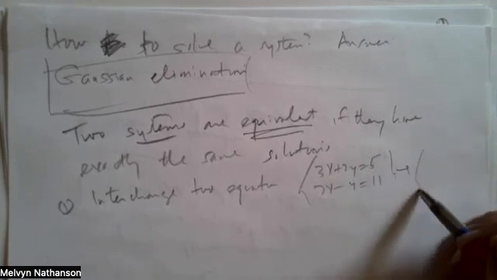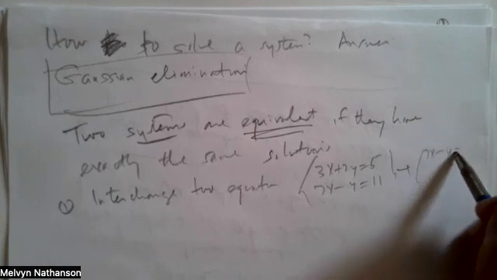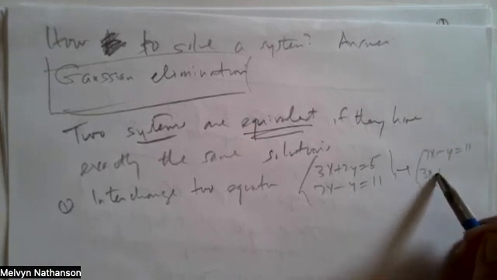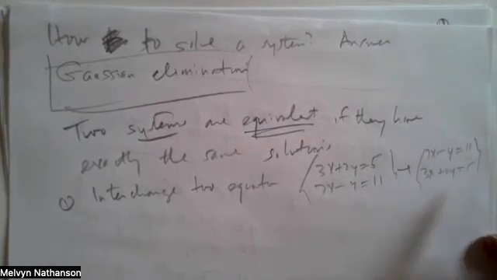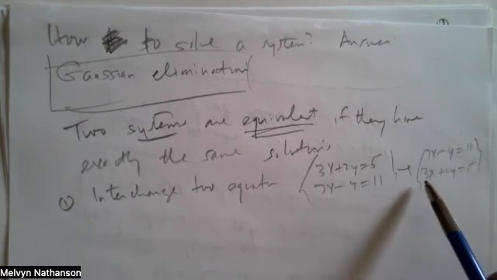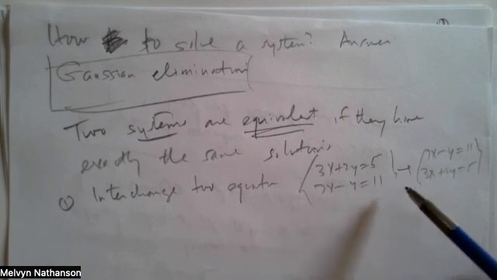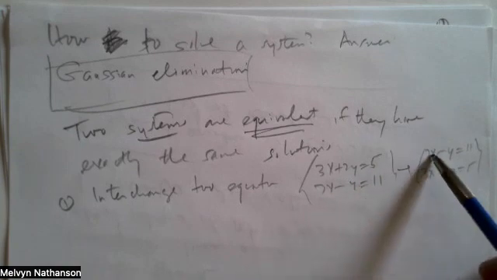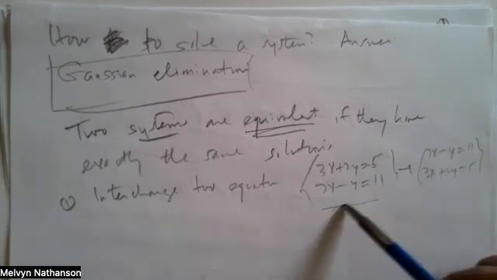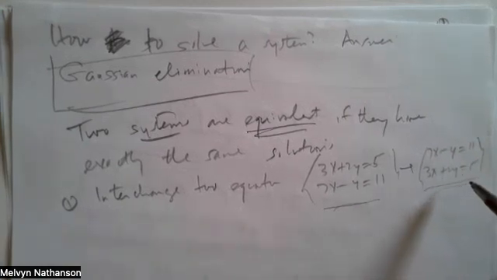Suppose I interchange the equations. 7x minus y equals 11, 3x plus 2y equals 5. So you might say, well, you didn't do anything. Well, I did something. The equation that was second is now first, the equation that's first is now second. But any solution of the first system is clearly a solution of the second, and conversely. So if you interchange two equations, you don't change the solutions.